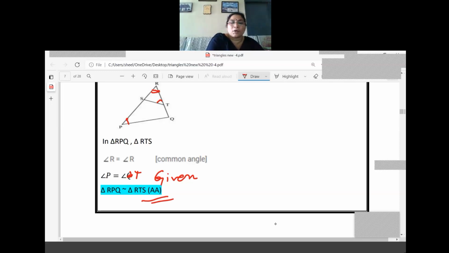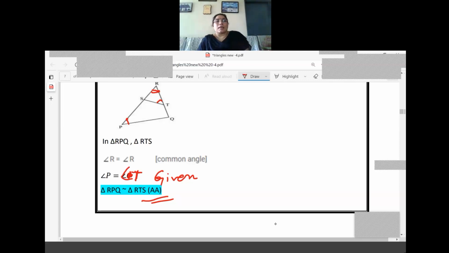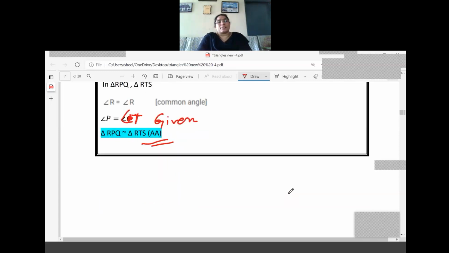AA criteria. So here one correction is there, which is the angle we should write: angle T, right? So angle P is equal to angle T, that is given here. So triangle RPQ similar to triangle RTS by AA criteria. Easily you can find two angles from the diagram. Then we can write they are similar.